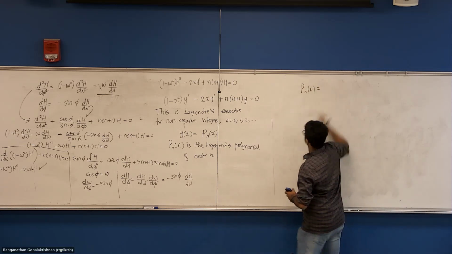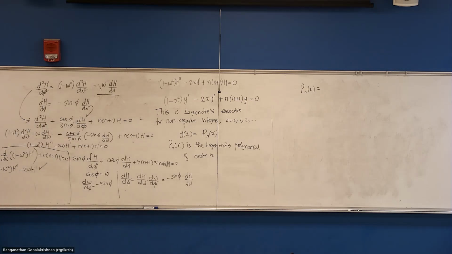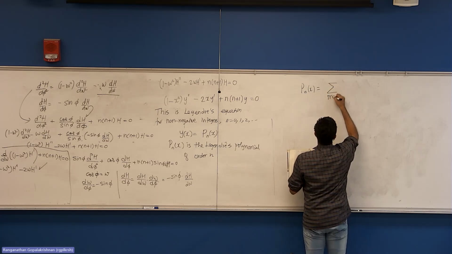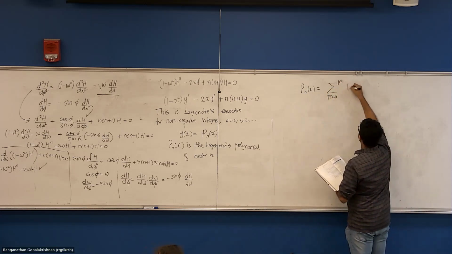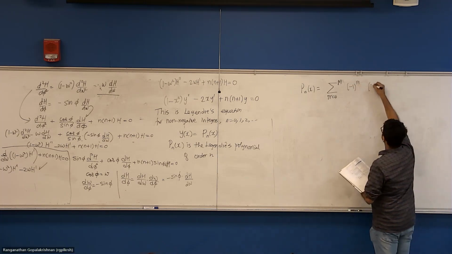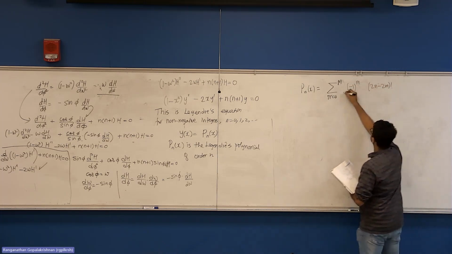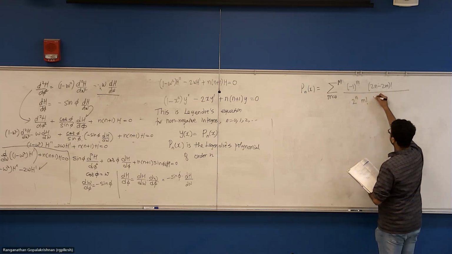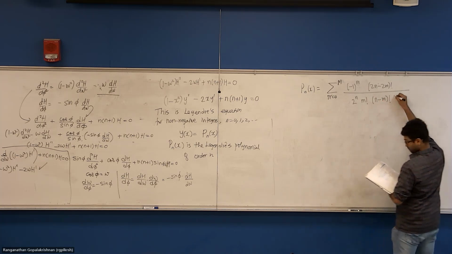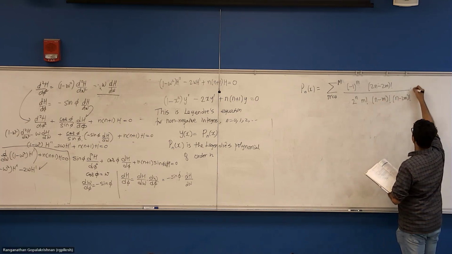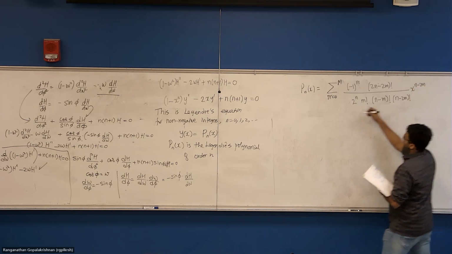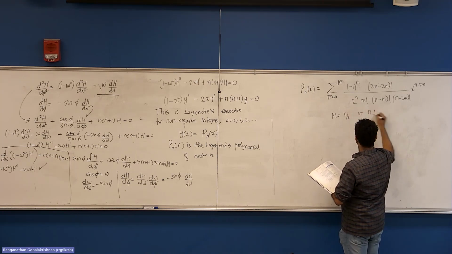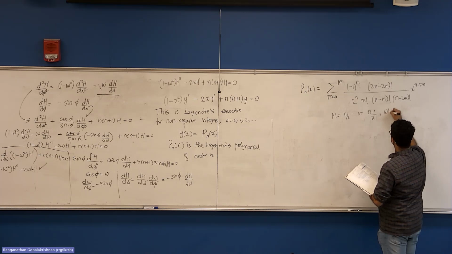Pn of x equal to the sum over m equal to 0 to M, of the terms with 2n minus 2m factorial divided by, where M is equal to n by 2 or n minus 1 by 2, whichever is an integer.